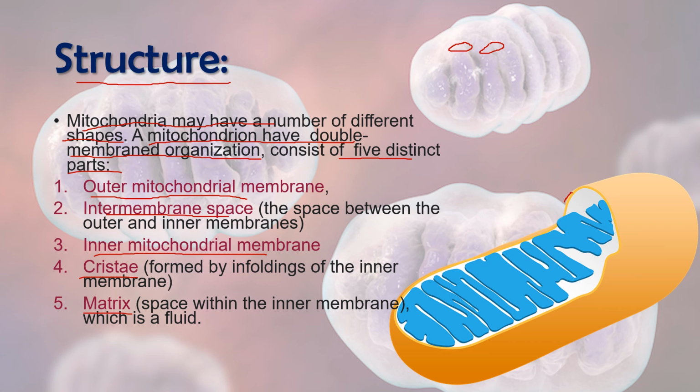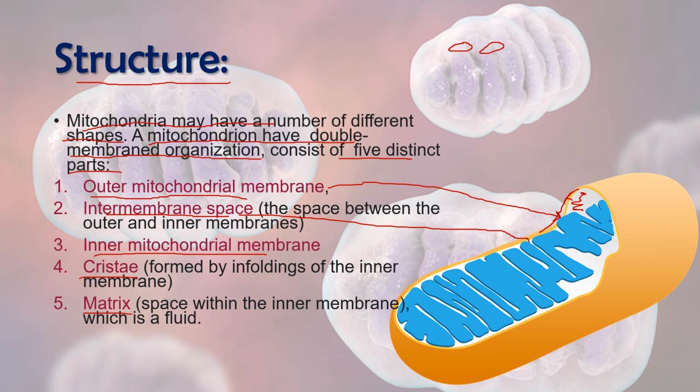You can see the outer envelope of mitochondria is a double membrane structure. The outer one is known as the outer mitochondrial membrane. And inside it, this space is our intermembrane space.